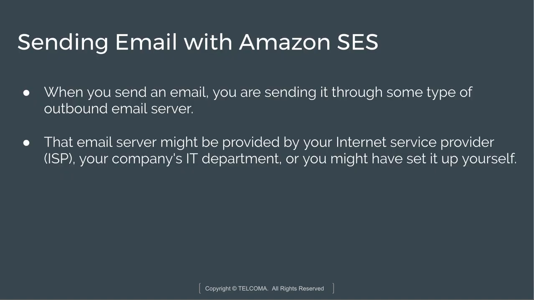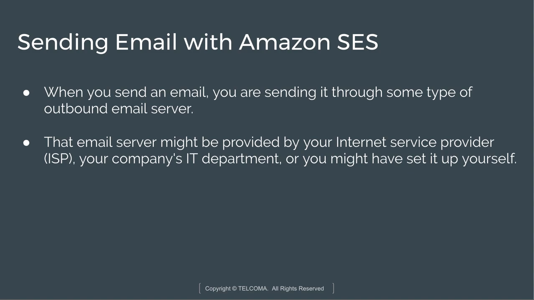So how do we send an email with Amazon SES? Whenever we send an email, we are sending it through an outbound email server. This email server might be provided by an ISP, Internet Service Provider, our company's IT department, or by yourself.